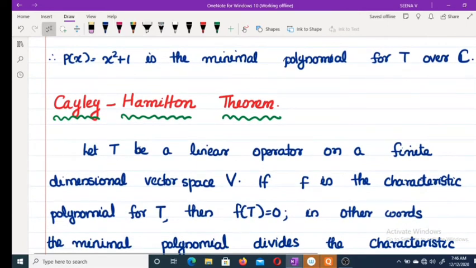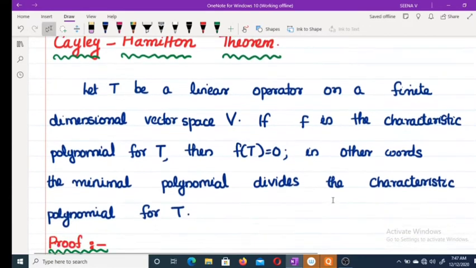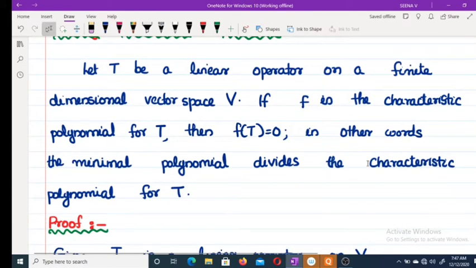The Cayley-Hamilton theorem says: let T be a linear operator on a finite dimensional vector space V. If f is the characteristic polynomial for T, then f of T equals 0. In other words, the minimal polynomial divides the characteristic polynomial for T.